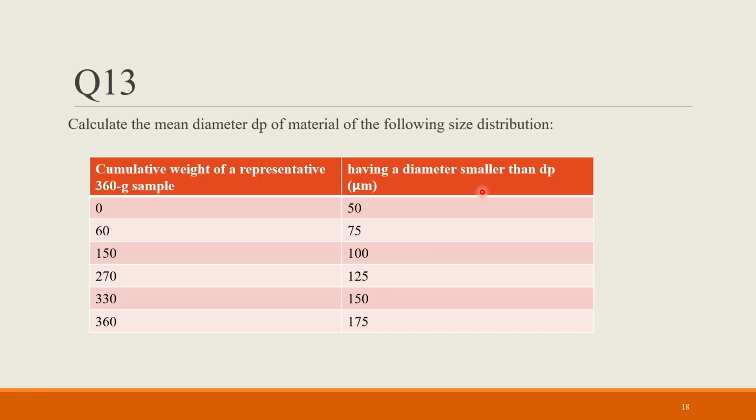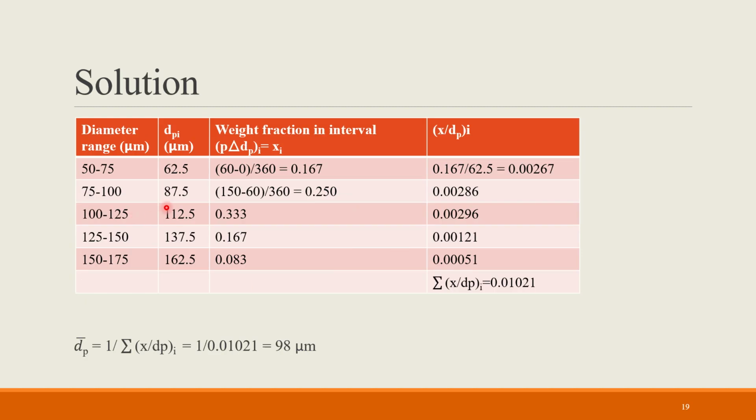Similarly, between 100 and 125 we have 270 minus 150 grams, that is 120 grams. 120 by 360 would be 0.33, and (125 plus 100) is 225 by 2, that is 112.5. Dividing 0.33 by that, we get 0.00296.